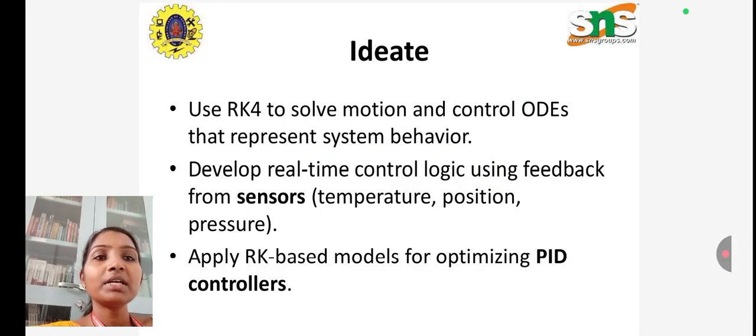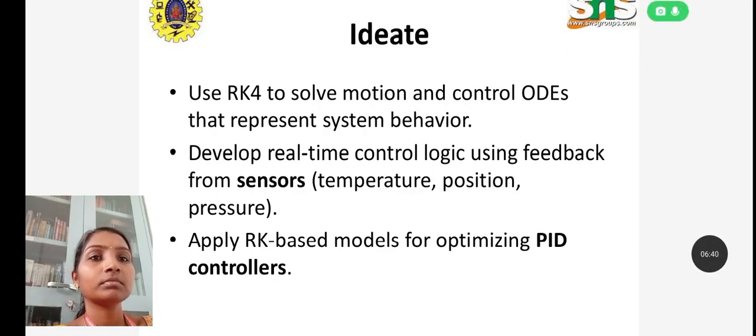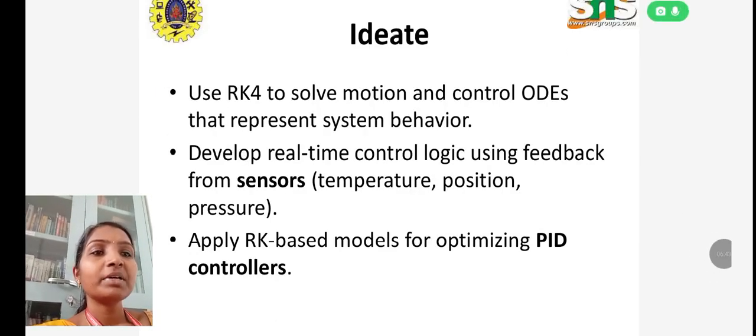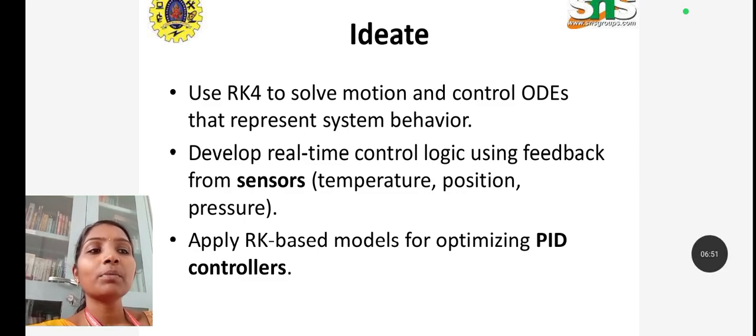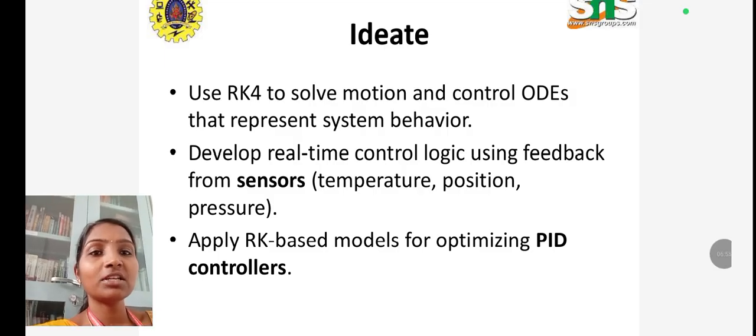And develop real-time control logic using feedback from sensors, which are temperature sensors, position sensors and pressure sensors, and apply RK-based models for optimizing PID controllers. This is the ideation part for industrial automation.